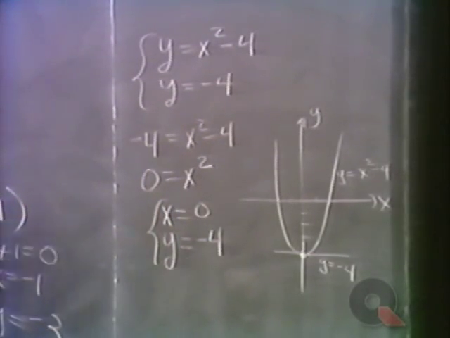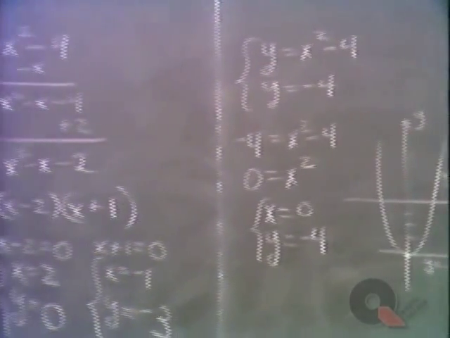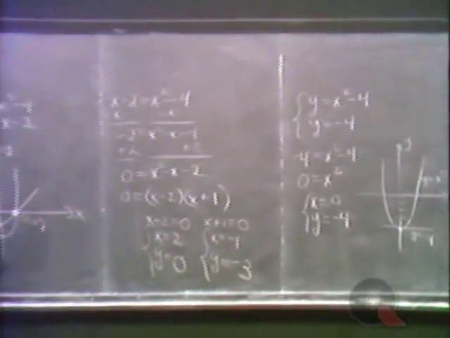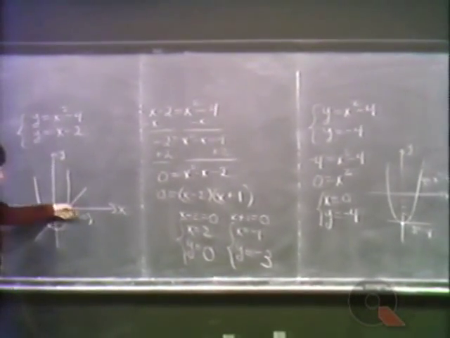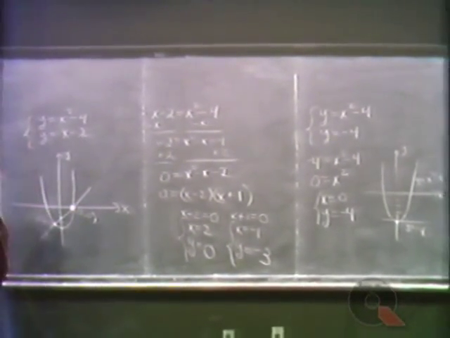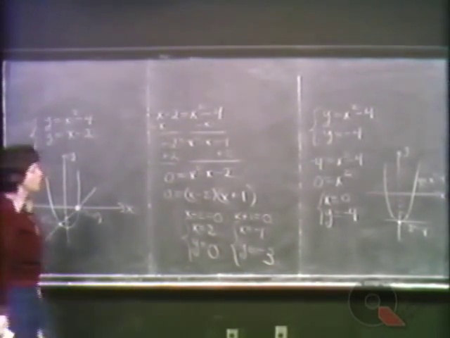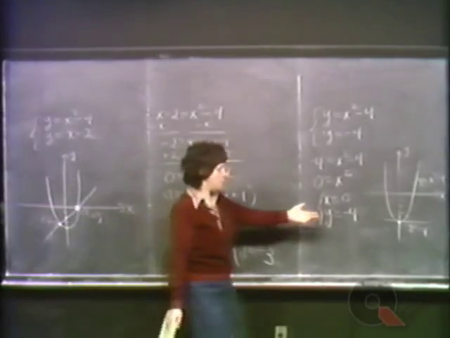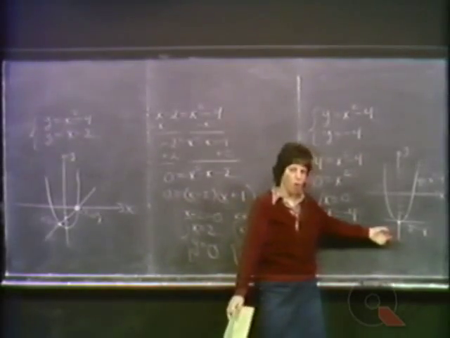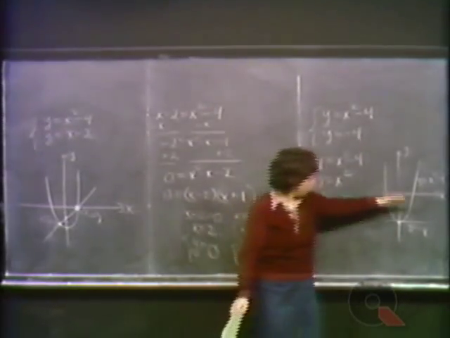Okay, when you have a situation here where the line cuts the parabola in 2 spots, you can have 2 points of intersection for such a system of equations when you have one linear and one second degree equation. You can have the line cutting the parabola, say, in one spot. Or you could have the line missing the parabola altogether.